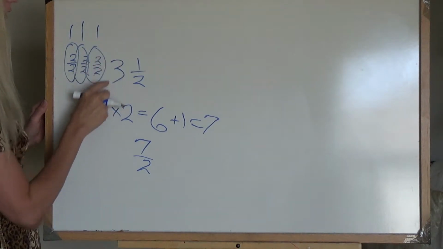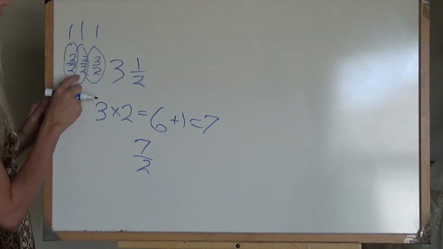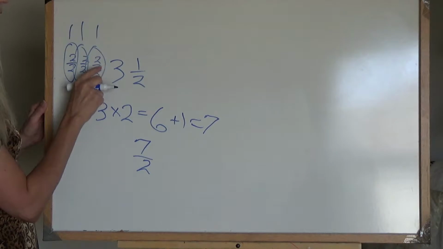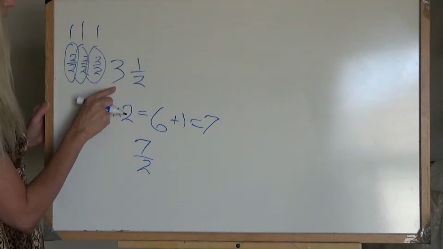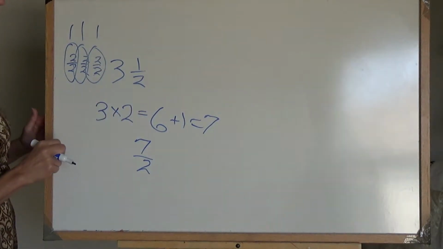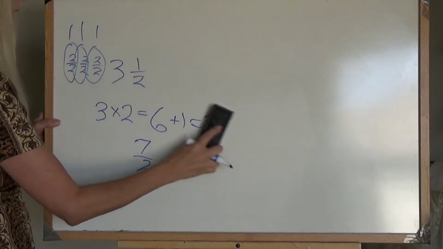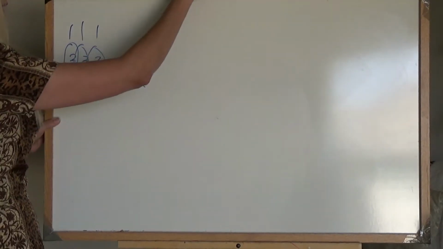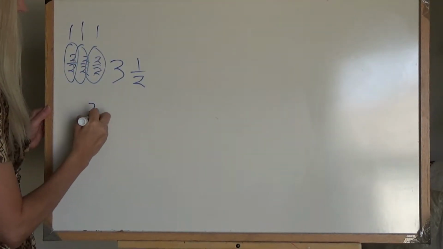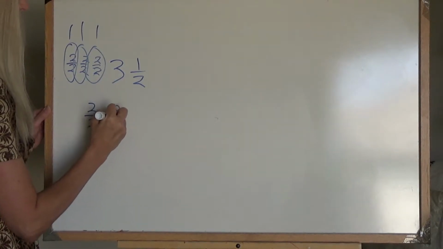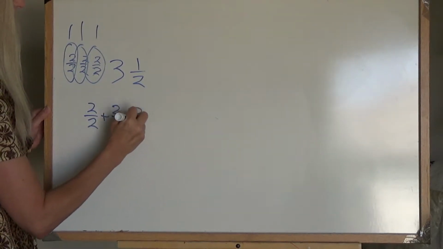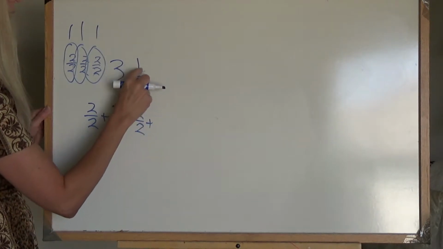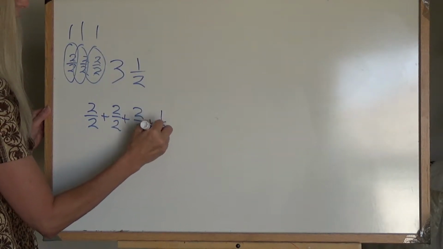It's the exact same thing as if I had 2 over 2, 2 over 2, 2 over 2, and added them all together, you would have 3, and then you have a 1 over 2. So what if I added all those together with the fraction there? Let's see, 2 over 2 plus 2 over 2 plus 2 over 2 plus 1 over 2.